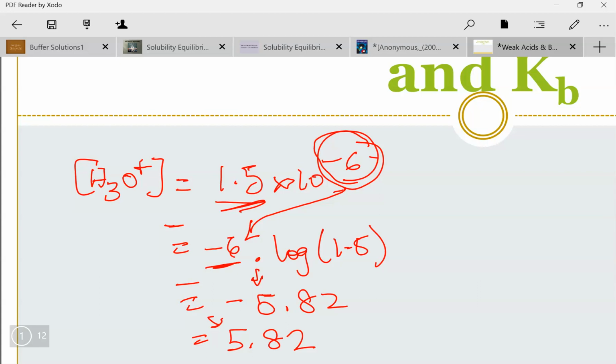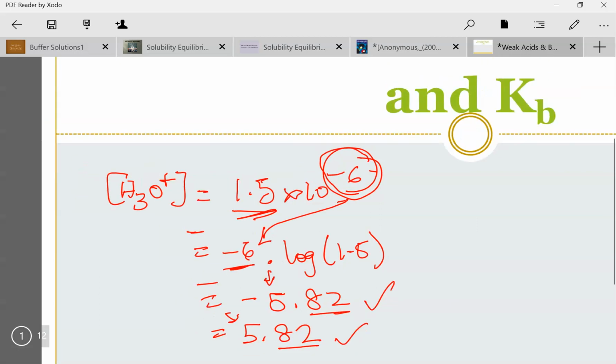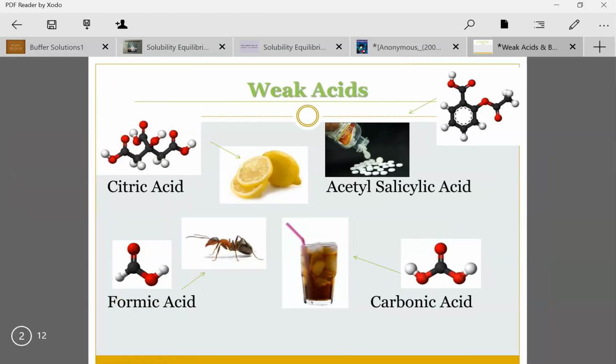The significant figures in a pH or pOH or anything like that, you only count the number of digits after the decimal place. So this would be 2 significant figures after the decimal place. So this would be a correct solution for the correct number of significant figures in a calculation like that. So that was just a brief intro.